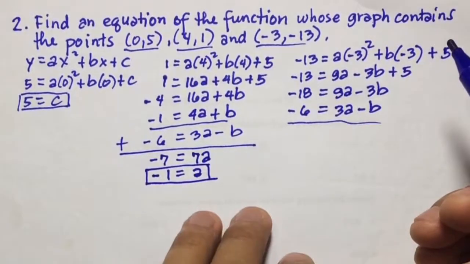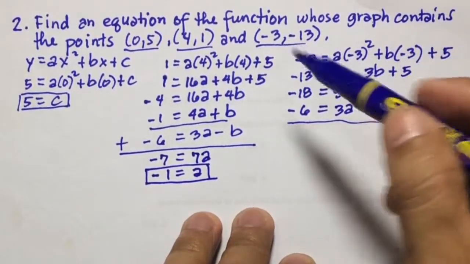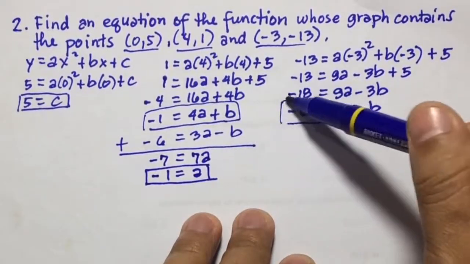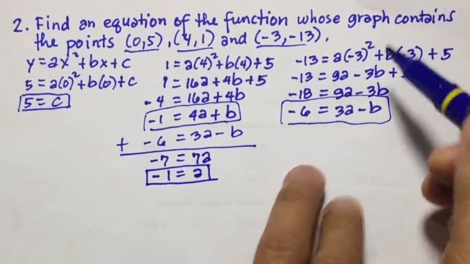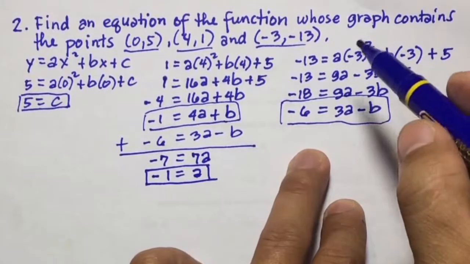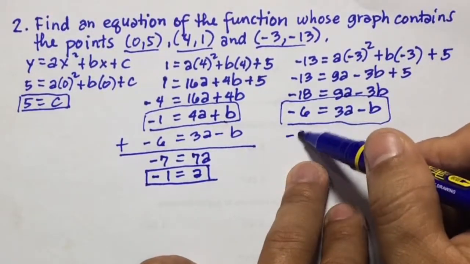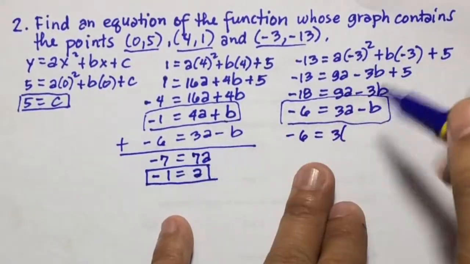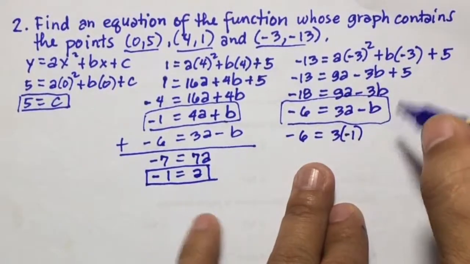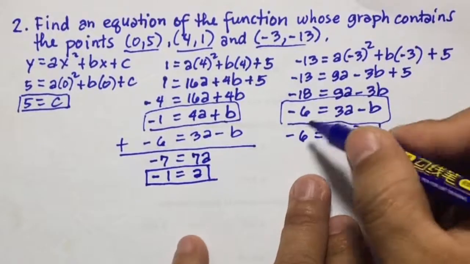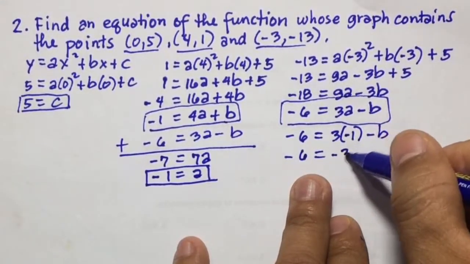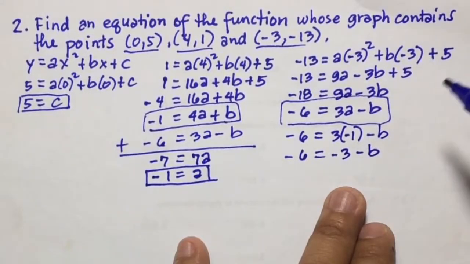Then, finding the value of b, we can use either this equation or this equation. Now, using this one, we have negative 6 equals 3 times the value of a, which is negative 1, so times negative 1, then minus b. So this is negative 6 equals 3 times negative 1 is negative 3, then minus b.